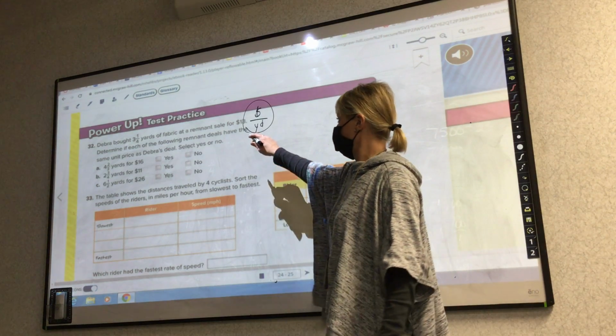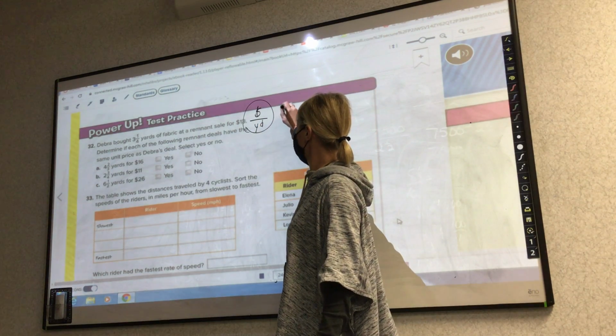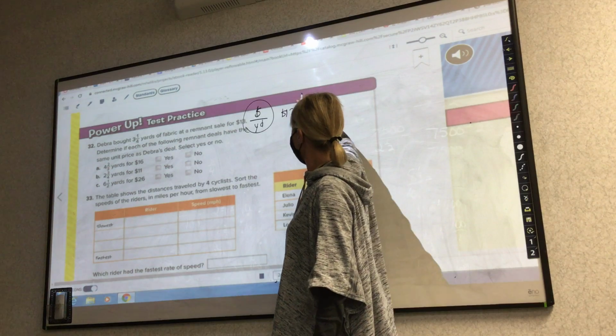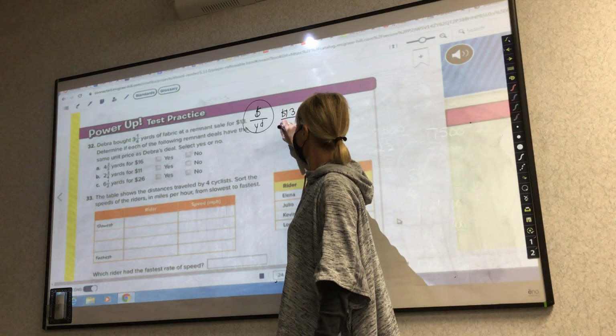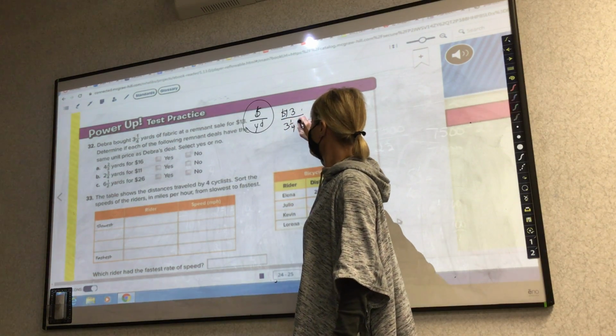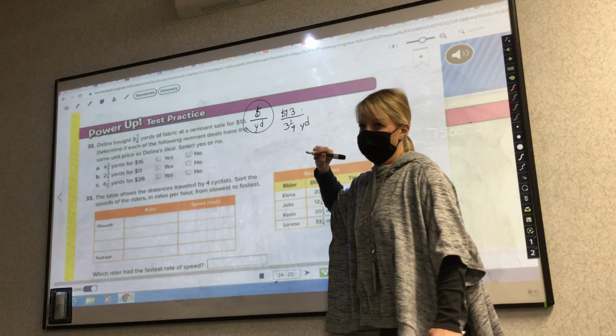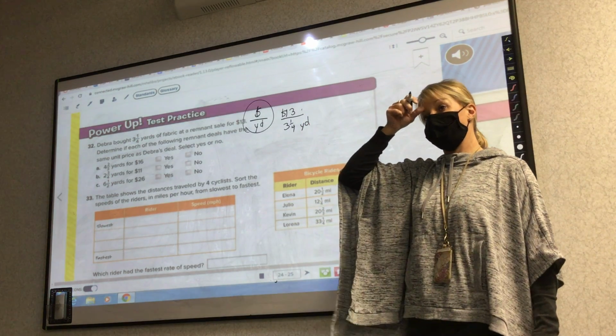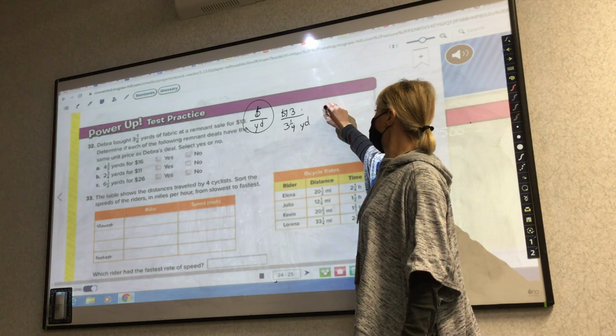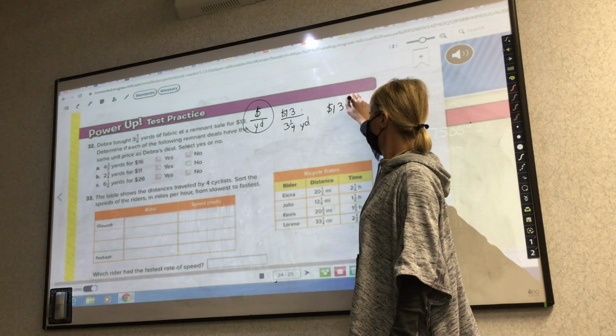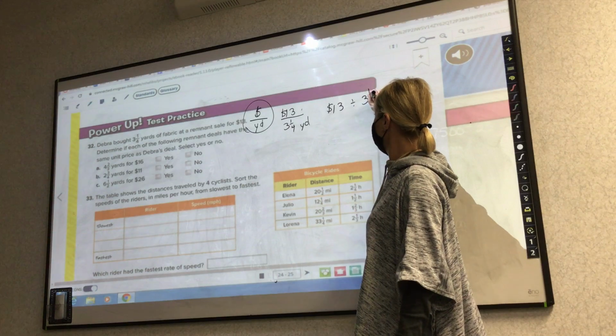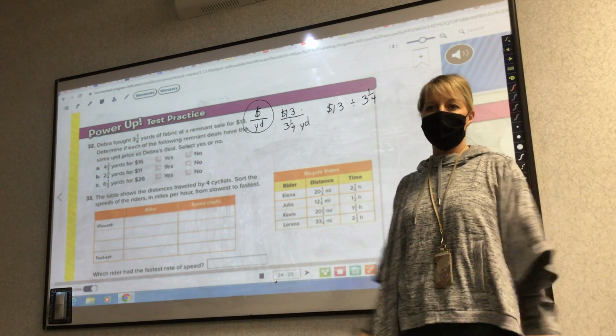So then if they are selling it for $13, I'm going to do 13 over 3 1/4 yard. So now I know that that's just division. So I take $13 divided by 3 1/4. Now I just follow my rules for division.